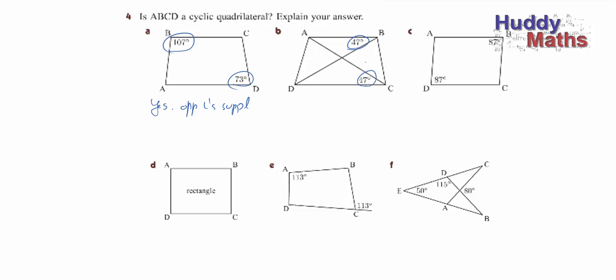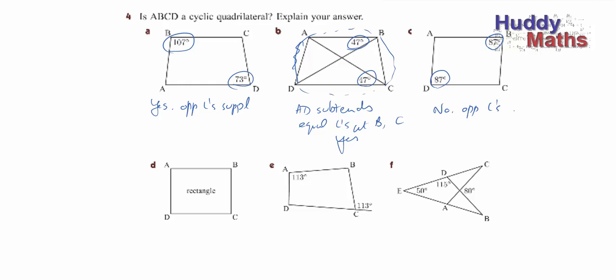Both of these are 47, so AD subtends equal angles at B and C. So yes, okay, because you can think now I could draw a circle through here because these are subtended by the same arc AD using the converse of that theorem. Let's look at this one. And here you can see that it's a no, because opposite angles not supplementary. Okay, they don't add up to 180.